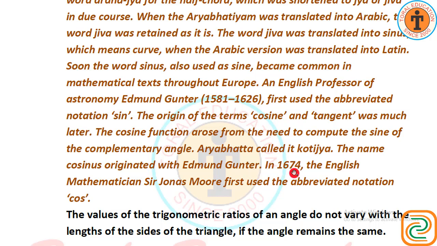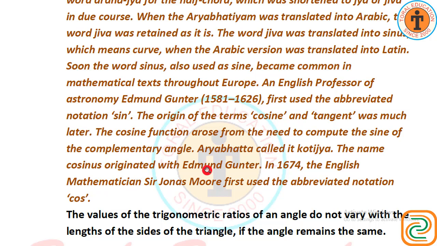In 1674, the English mathematician Sir Jonas Moore first used the abbreviated notation cos. Sin for sine and cos for cosine, these are abbreviations. Tangent is tan.